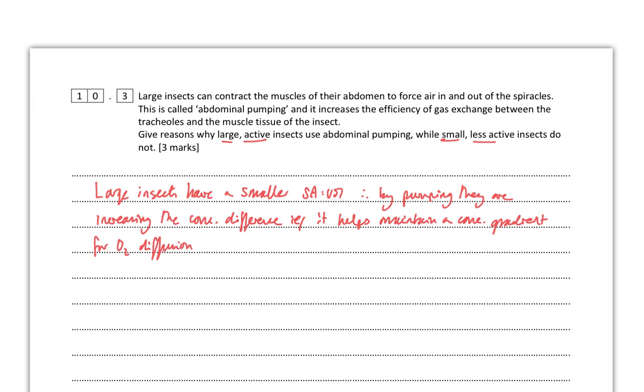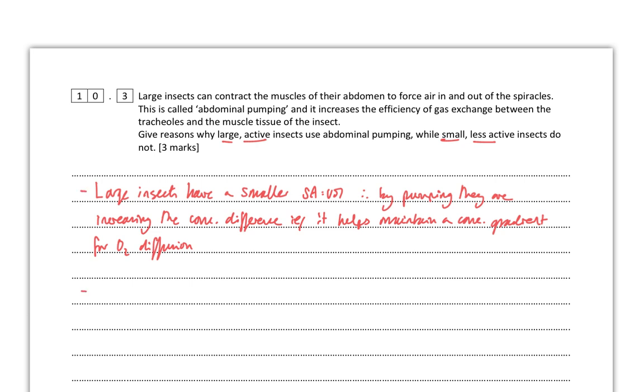So it's like us breathing. When I breathe, I put fresh air into my alveoli, and therefore, every time I do that, I keep the diffusion gradient going. And I'm saying that by being a large insect, it needs to do this more. So it pumps its abdomen because it's a bigger insect and it's to battle that concentration gradient more.